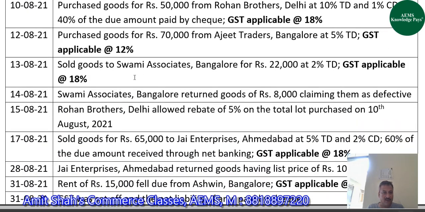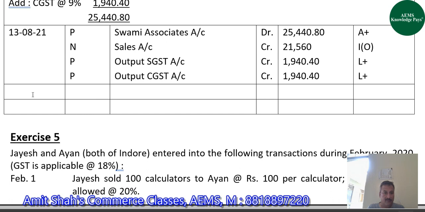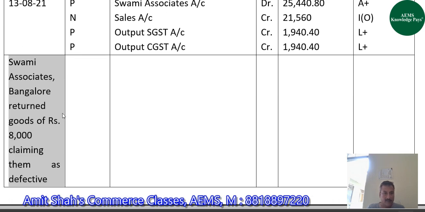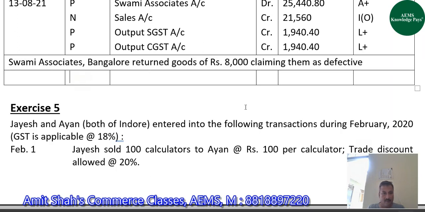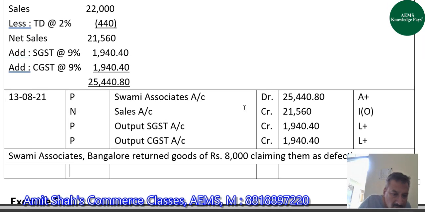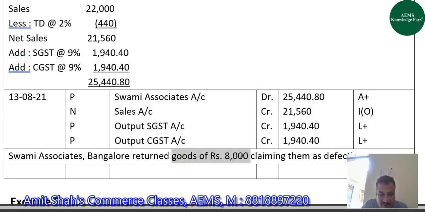Next transaction we have of 14th August. Swami Associates Bangalore returned goods of rupees 8,000 claiming them as defective. Now guys, here we have not been given whether this is the list price or the net price after trade discount. So we will assume that it is net price after trade discount, right?